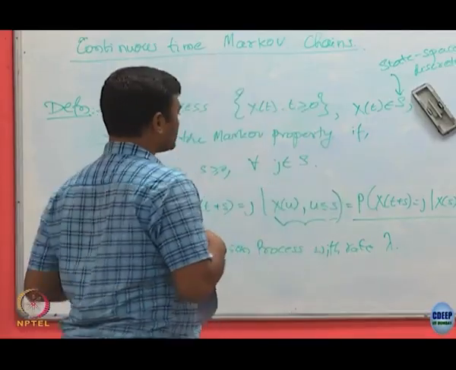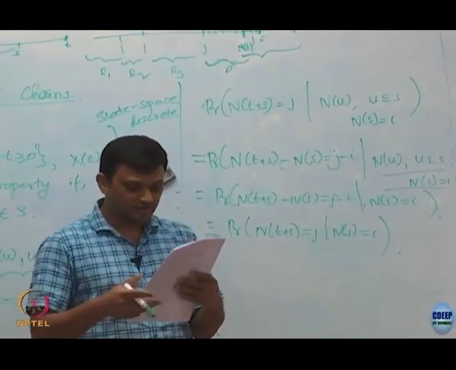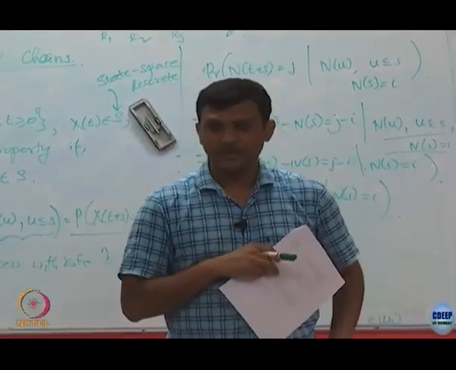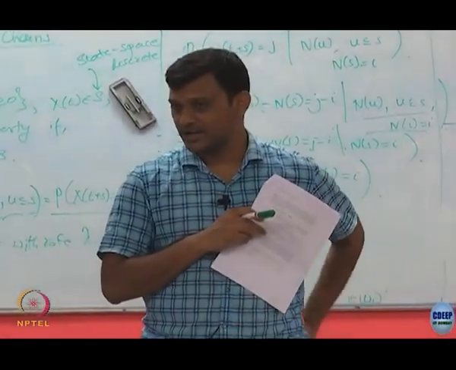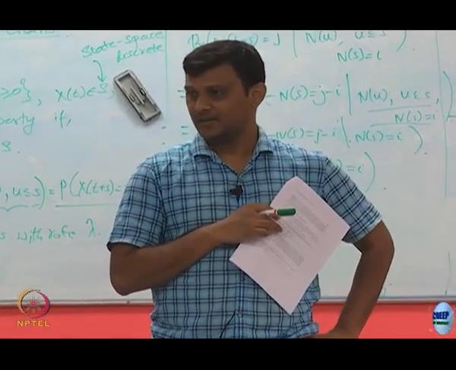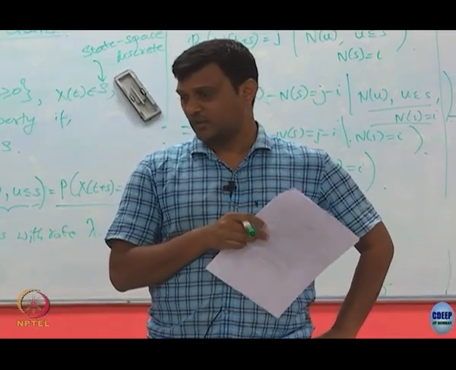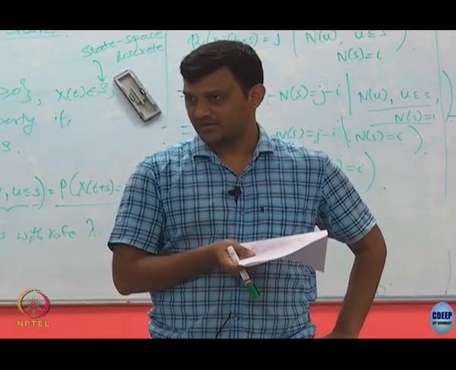Okay, so that's fine. Now most of the things we are going to do next are very similar to what we did for the DTMC. When we started with DTMC, we defined my transition probability matrix, my one-step transition probability matrix.